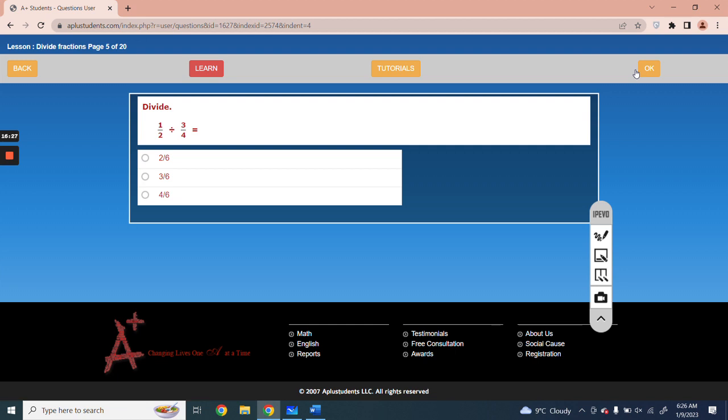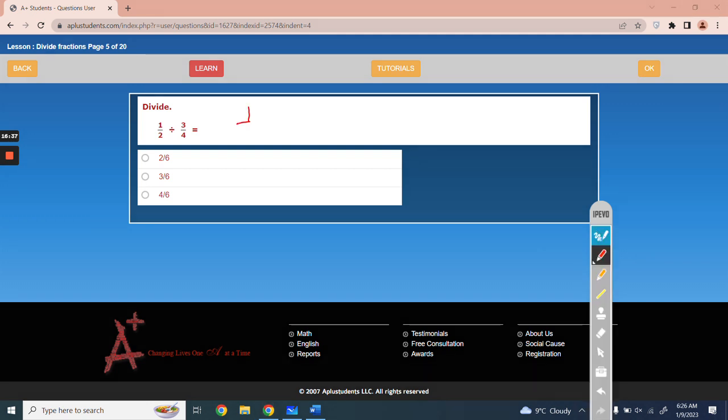Got it? Okay. So replace the division sign with multiplication, take the reciprocal of the term and just multiply. 4 times 1 is 4 and 2 times 3 is 6. So it would be option number 3, 4 over 6. Got it?